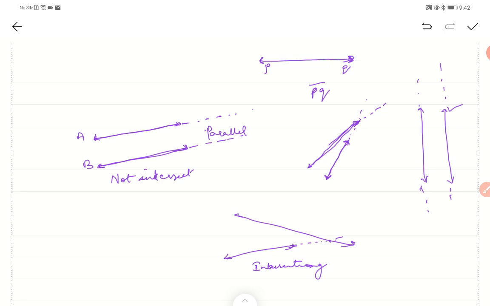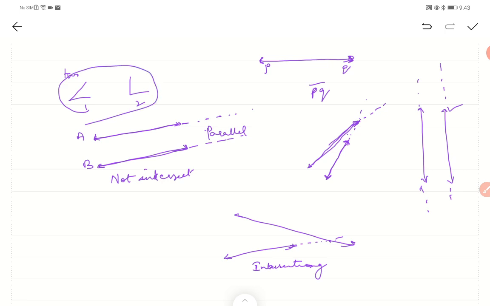These were just the angles formed whenever you have two lines intersecting. Now you will have two lines intersecting, two pairs of angles, a set of angles, and for these two angles we are going to see the relation between them.